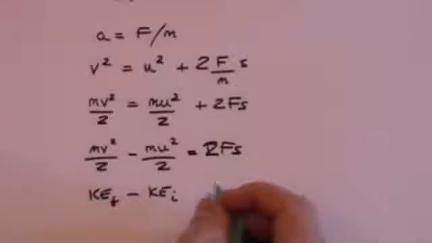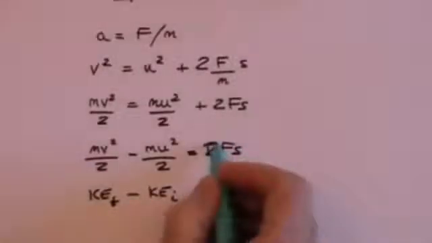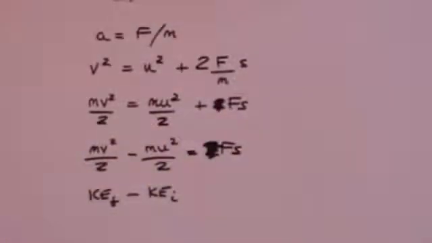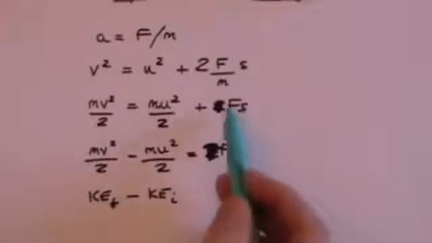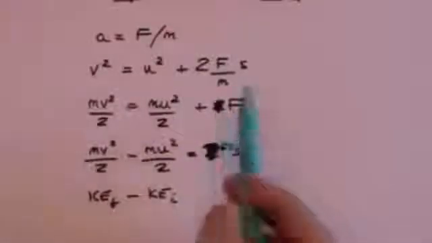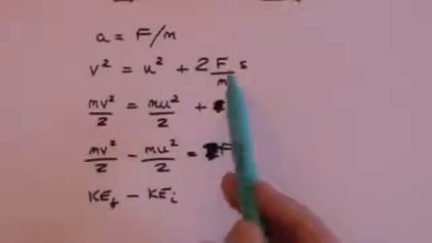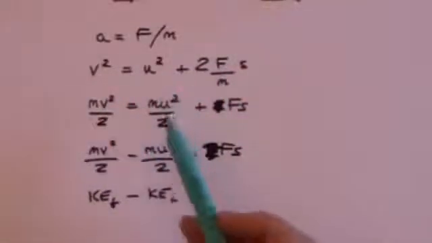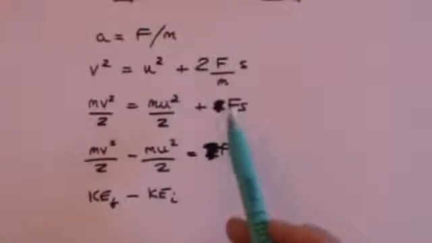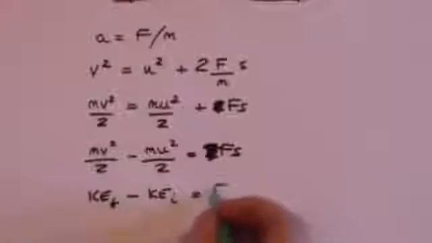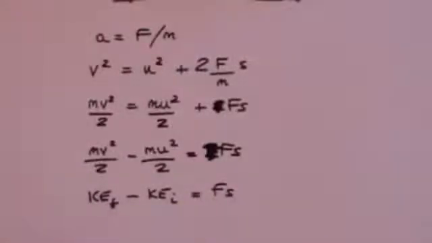And that equals, that is not 2Fs. I made a mistake here, haven't I? By multiplying by m/2, I should just have Fs. So those 2s here were not applicable. It was right here, but I've then multiplied through by m/2 in all equations, and therefore I lose the 2 here, and I lose the 2 here. So this simply equals Fs, not 2Fs.